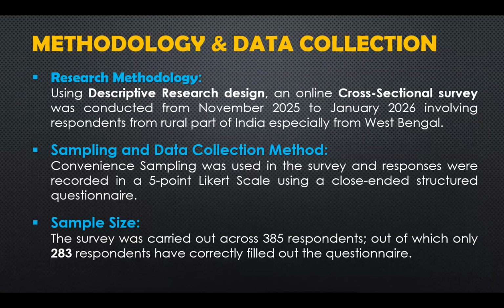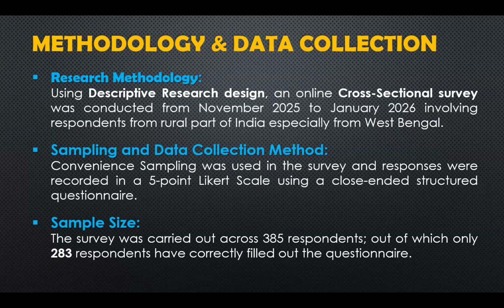Using a descriptive research design, an online cross-sectional survey was conducted from November 2025 to January 2026, involving respondents from rural parts of India, especially from West Bengal. The sampling and data collection method involved convenience sampling, and responses were recorded on a 5-point Likert scale using a close-ended structured questionnaire.